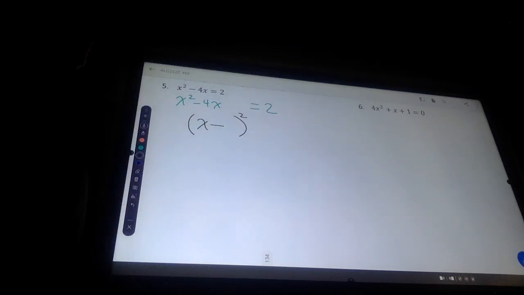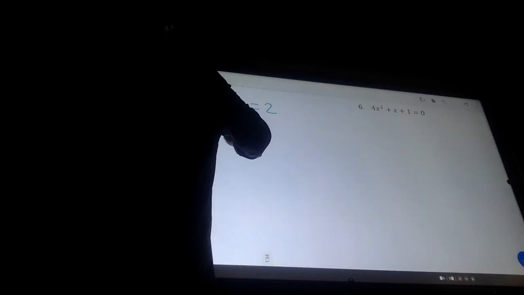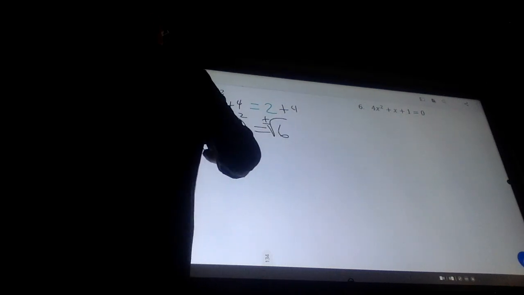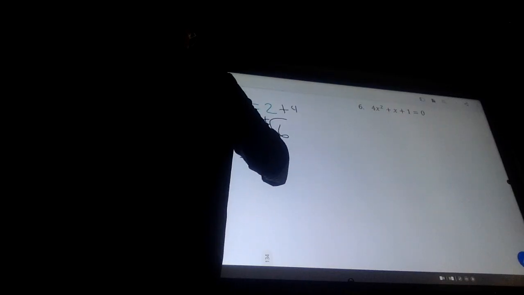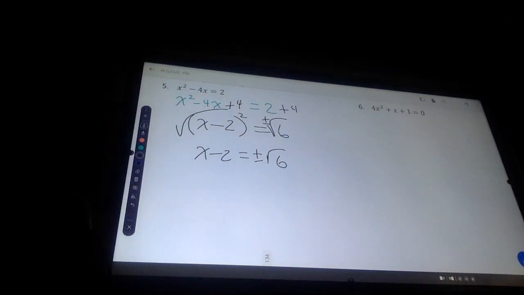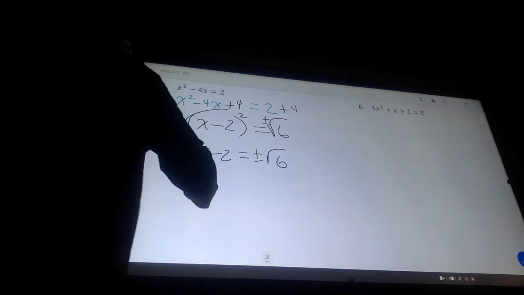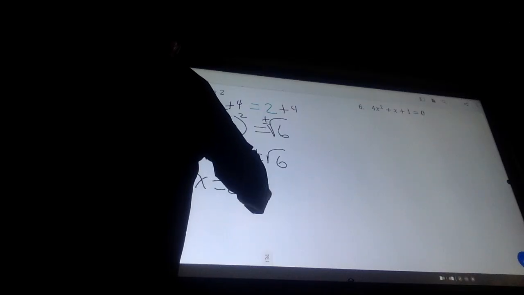Half of 4 is 2. 2 squared. Add 4 to both sides. Root. Don't forget the plus minus. Cool. Last step is add 2. Done.